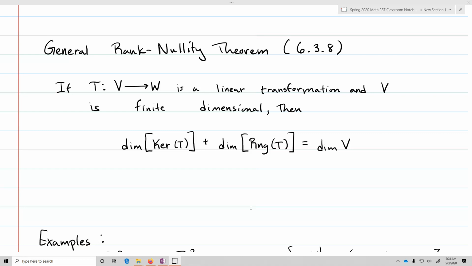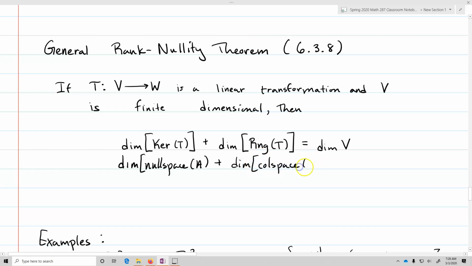We know the kernel of T, so if we write it, the kernel of T is the null space of A. So we write the dimension of the null space of A, plus the dimension of the column space of A, and that equals n.